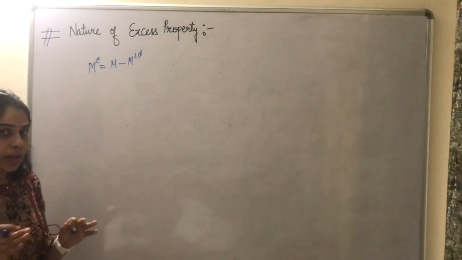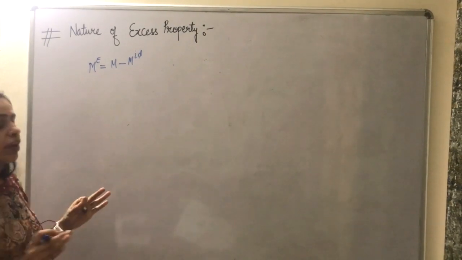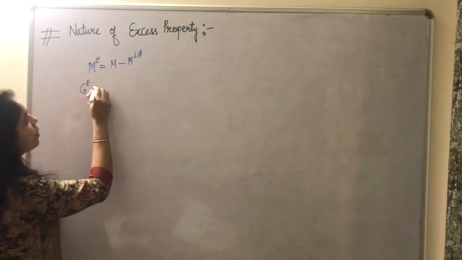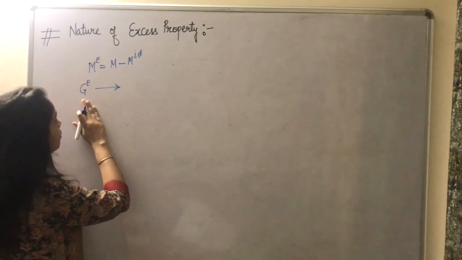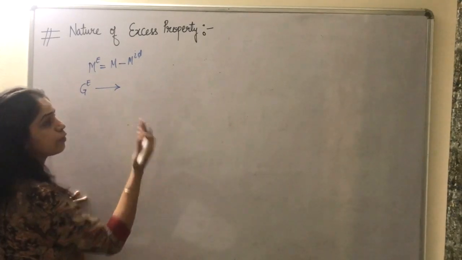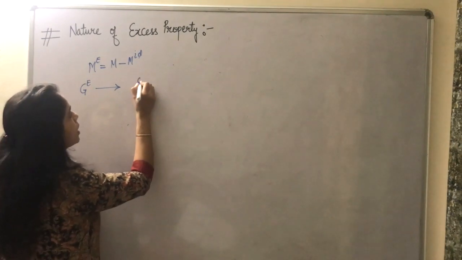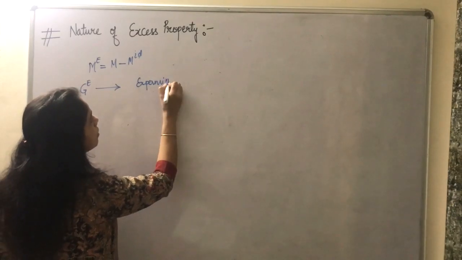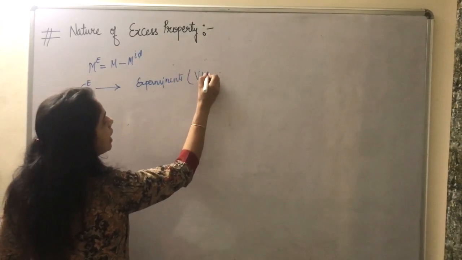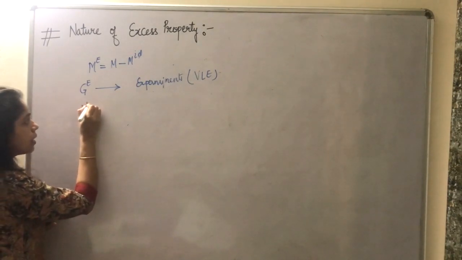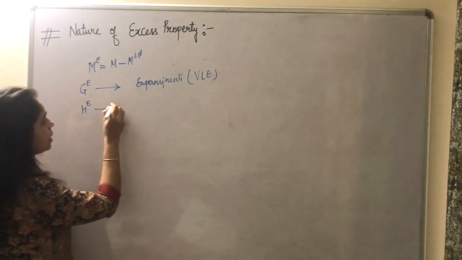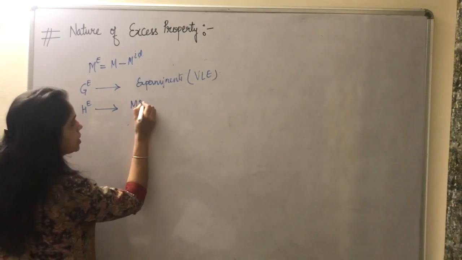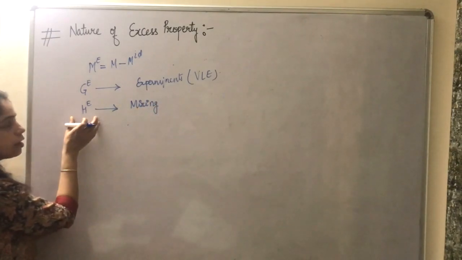So here we are interested only in the excess Gibbs free energy, and excess Gibbs free energy, this we can get from the experimental data, usually from the vapor liquid equilibrium, VLE experiments, and we also want HE, which is the excess enthalpy, and excess enthalpy कहाँ से मिलेगा? Experiments of mixing. So mixing experiments से आपको क्या मिलेगा? The data for HE.